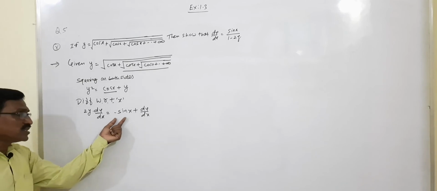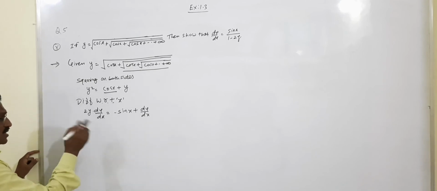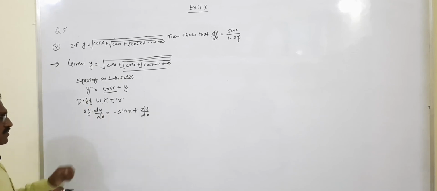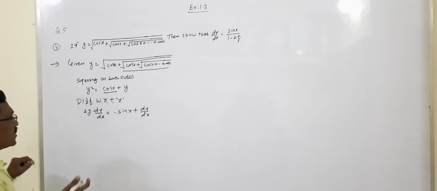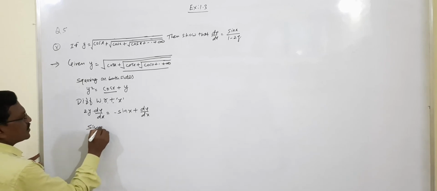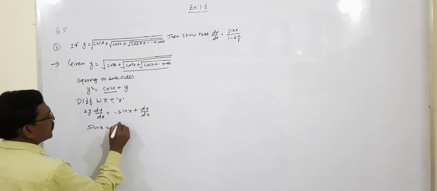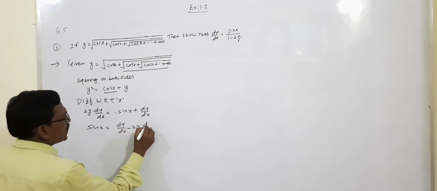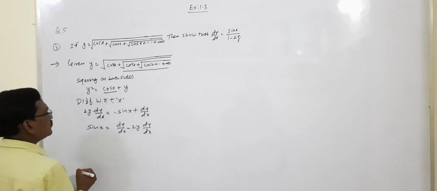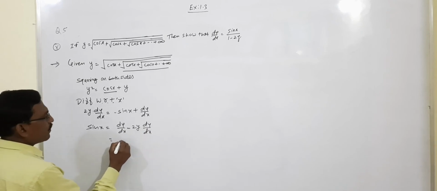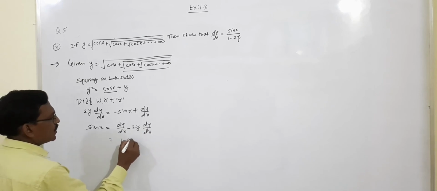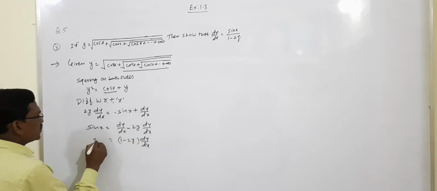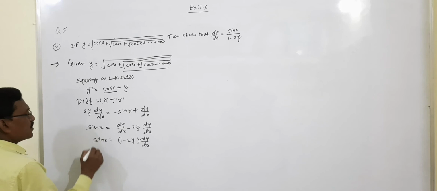And take this minus sin x to the left hand side, and this 2y into dy by dx to the right hand side. That's why it is sin x equal to dy by dx minus 2y dy by dx. Now take common dy by dx: 1 minus 2y into dy by dx is equal to sin x.